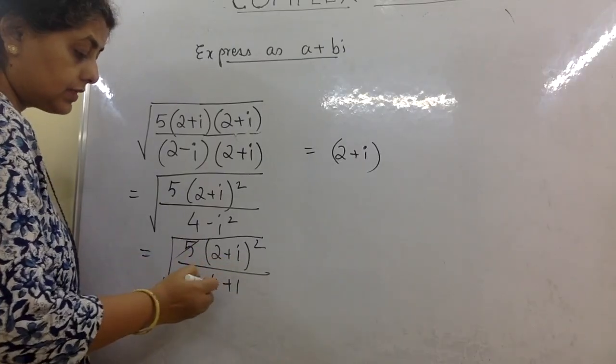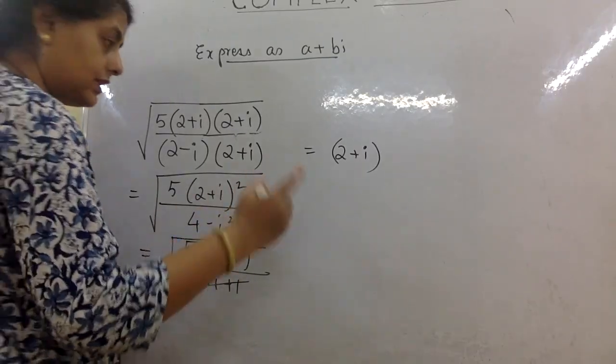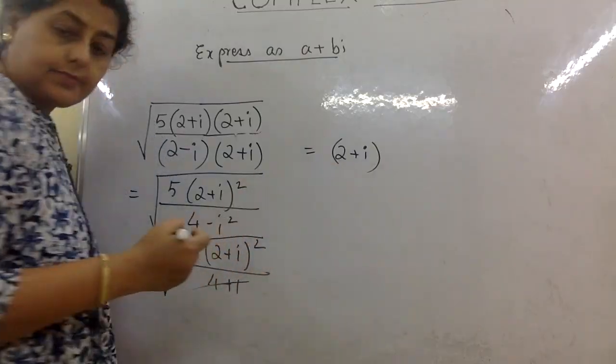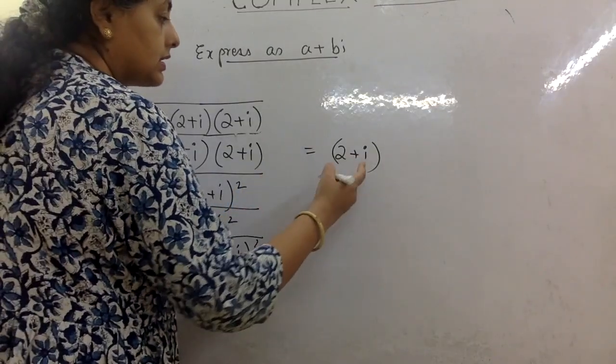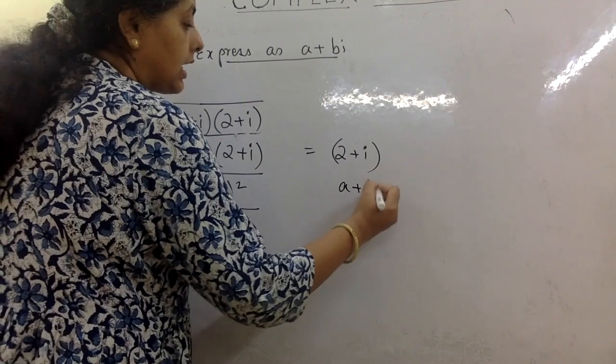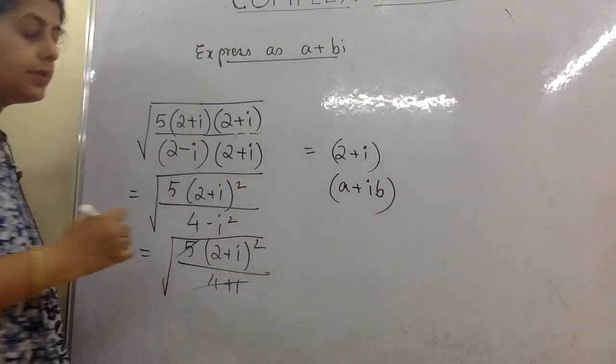This 4 plus 1 and 5 get cancelled. So my answer is 2 plus i. This is my a plus ib formation.